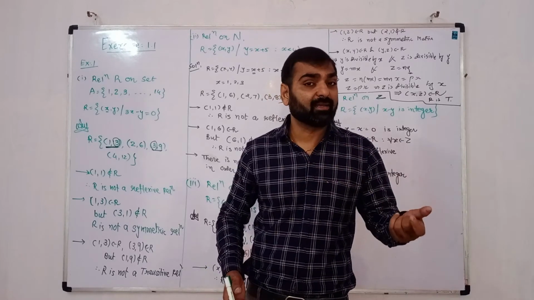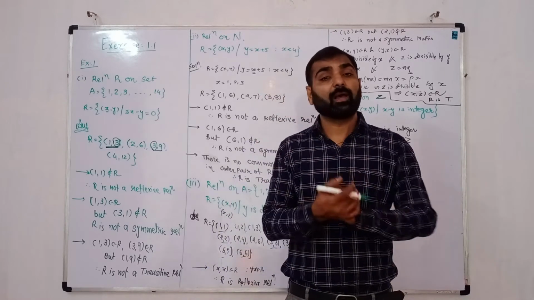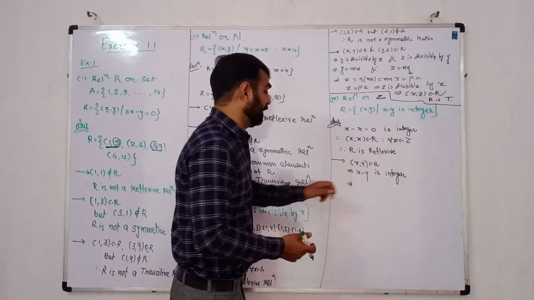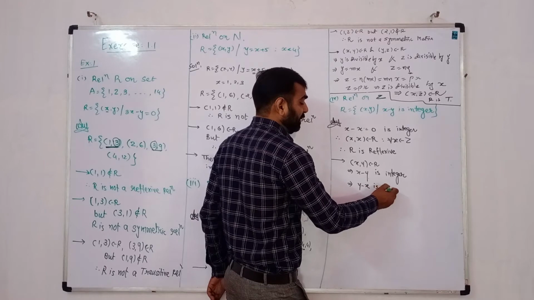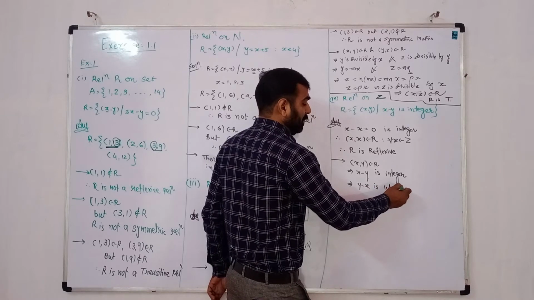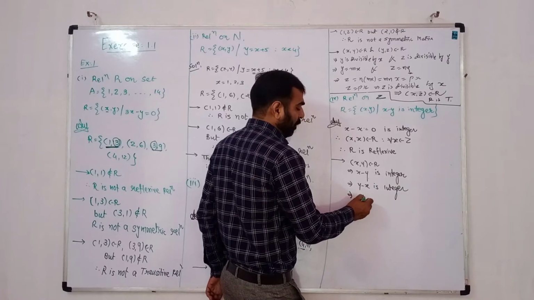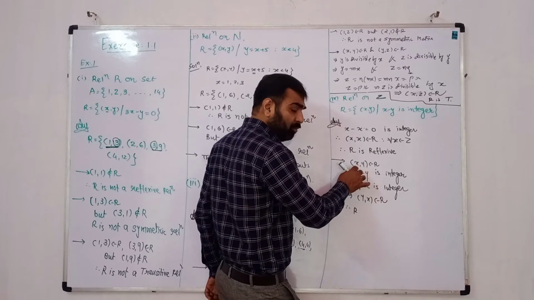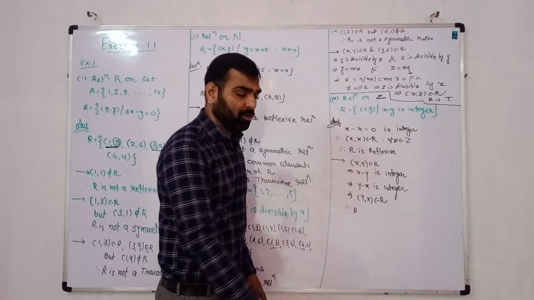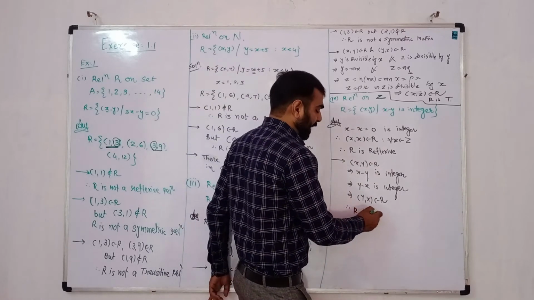So what about y minus x? It is minus 5, which is an integer. So we can say that yx also belongs to R. So xy belongs to R, yx also belongs to R, so R is a symmetric relation.